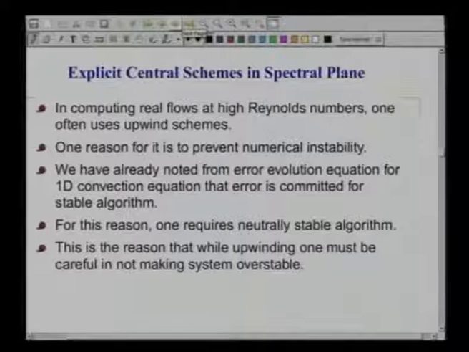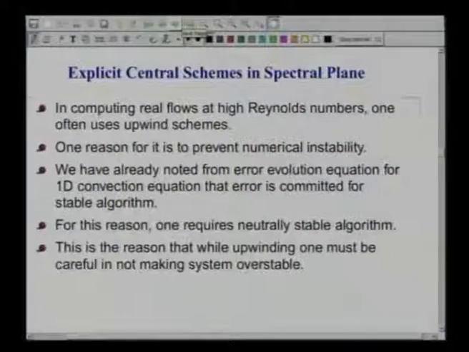for all this derivative operation, we want to compute a real flow at high Reynolds number. If we use the central scheme, it may not work. Because what happens is the combined properties of the space-time discretization will show that such central schemes are susceptible to very high wave number error. So, you need to stabilize your numerical method against those high wave number errors.